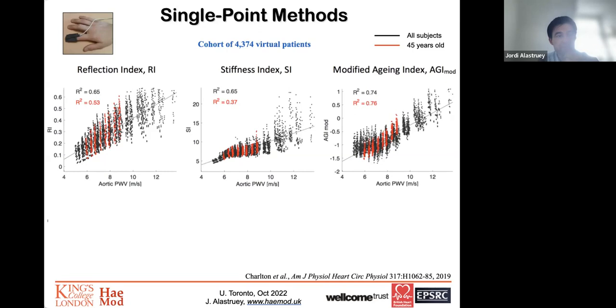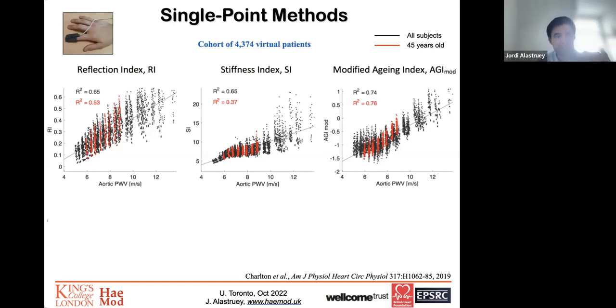Those were the 45-year-old virtual subjects, shown in red. This suggests that these indices may be less useful for stratifying middle-aged patients, with only the modified aging index, the third index, performing well both across the age range and when considering only middle-aged subjects.